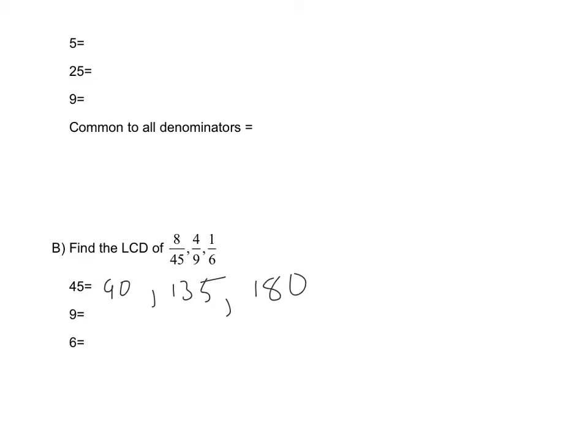So let's stop there. So I know 9 can go into 90. How about 6? Yep, so we just use 90. So 90 is the least common denominator. Okay.